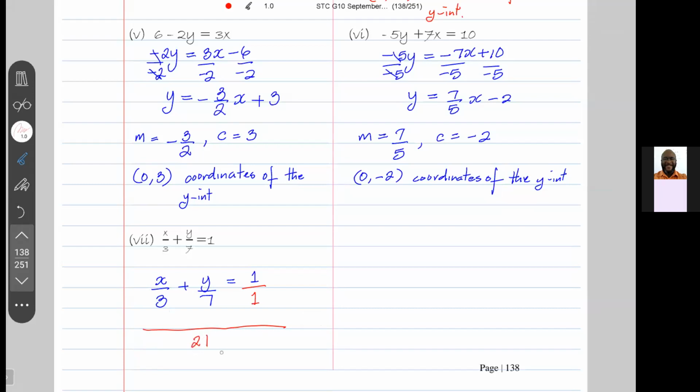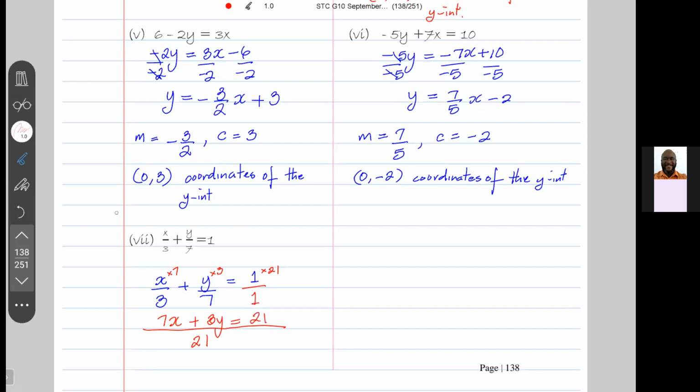3 into 21 is 7. 7 times x is 7x. 7 into 21 is 3. 3 times y is 3y. 1 into 21 is 21. 21 times 1 is 21.